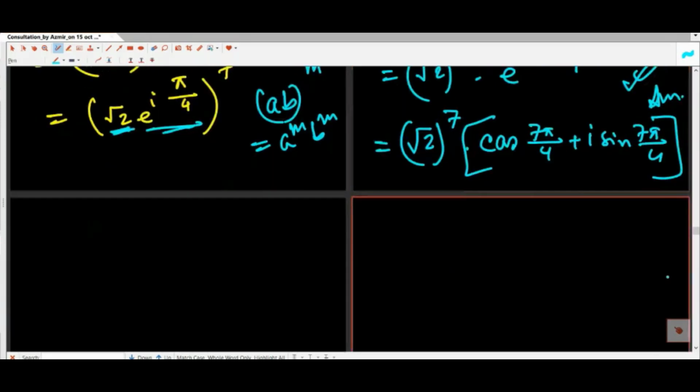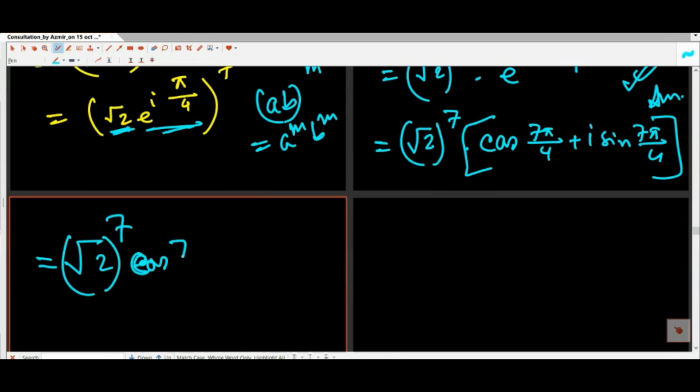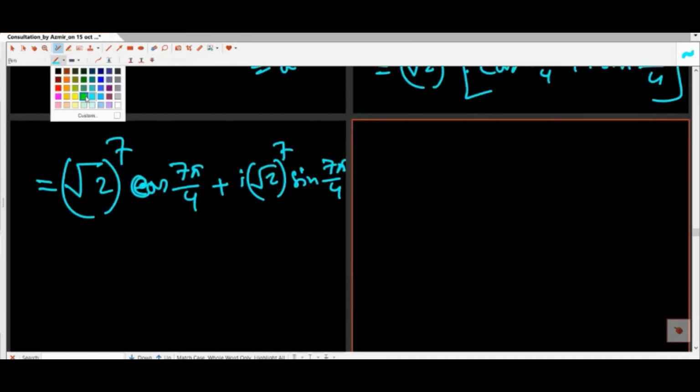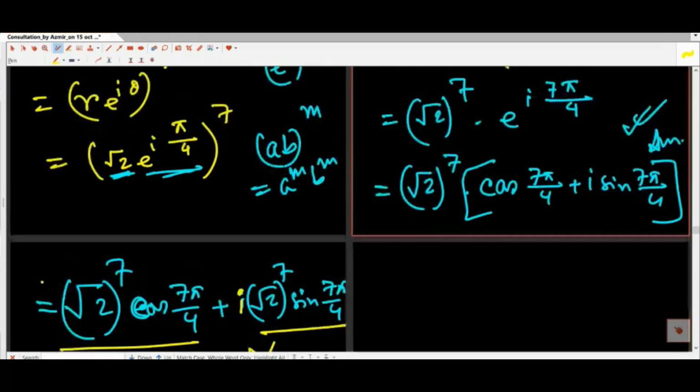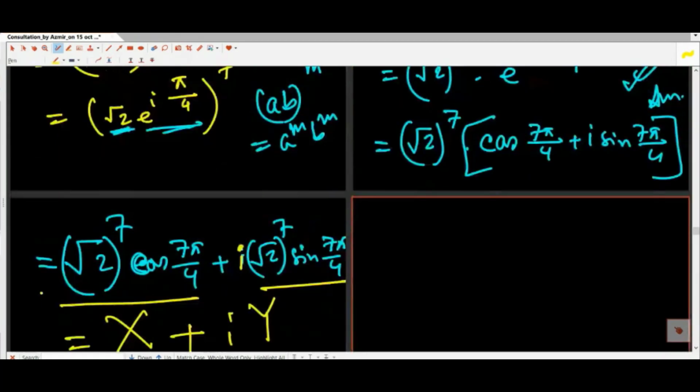So that means we can now write root over 2 power 7 cosine 7 pi over 4 plus i root over 2 power 7 sine 7 pi over 4. So you can see that the whole thing is x plus iy. So any complex number can be written in rectangular form.